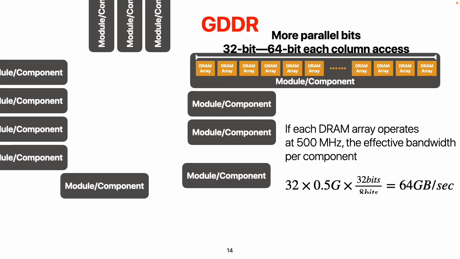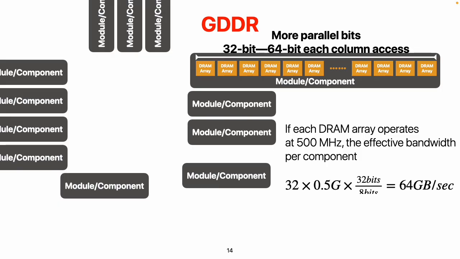And each channel is a single unit that can receive a memory request at the same cycle. So previously, we have been talking about banks and channels, and I was questioning some of you, do you know what's the difference between a channel and a bank? So to be honest, there's only one slight difference.